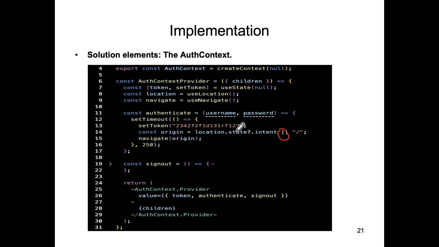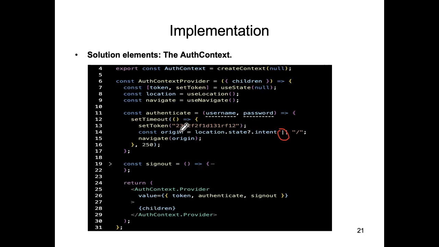I'll break down the expression a little bit later on, but it's going to evaluate to a string if the user accessed the login page as a result of trying to get into the inbox page or the profile page. In other words, they were redirected. And if that is the case, then essentially we're setting origin to the URL that the user was trying to get to before they were forced to log in.